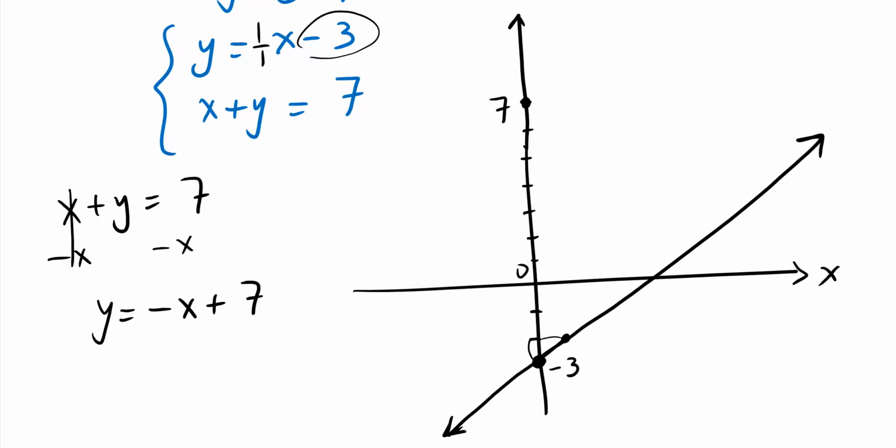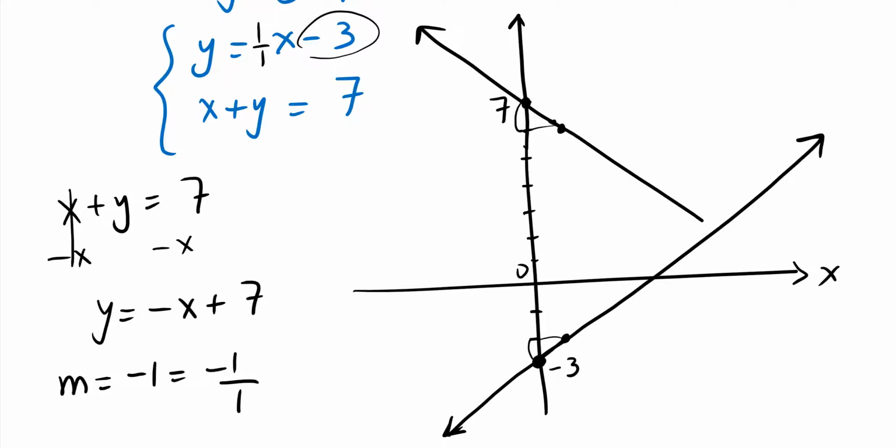That's 7. And the slope here is -1, or -1 over 1. This means 1 down, 1 over. So you do it this way and then extend it. So this was the first one, y equals x minus 3. This is the second line, x plus y equals 7.